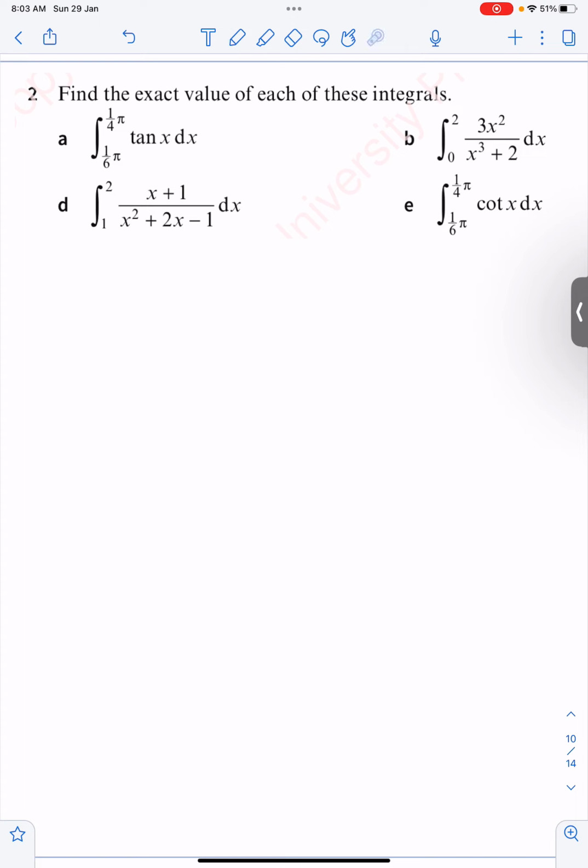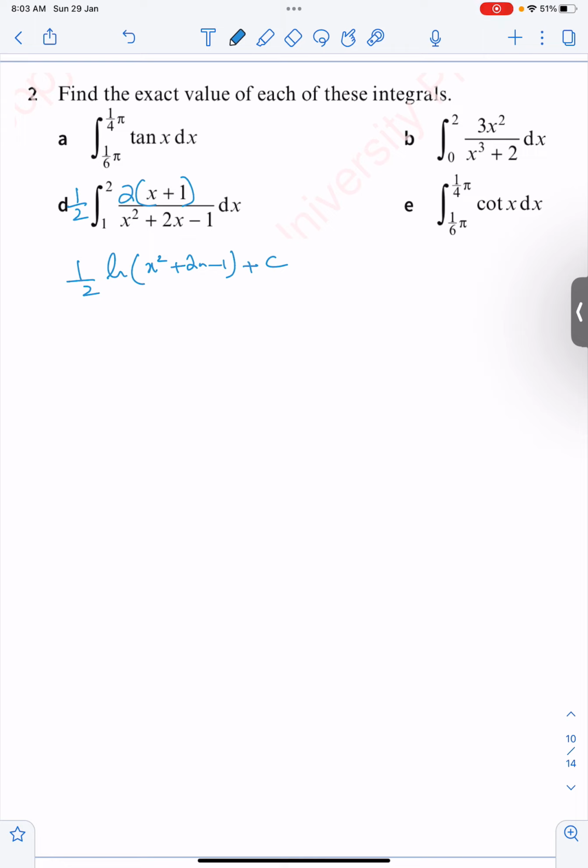Okay, when you differentiate this, what will you get? You will get 2x plus 2. I want a 2x plus 2. That means I want a 2 up here. So if I want this 2 here, I can just put 2 here and I can cancel the effect of this here. It will become 1 upon 2 ln x squared plus 2x minus 1 plus c.